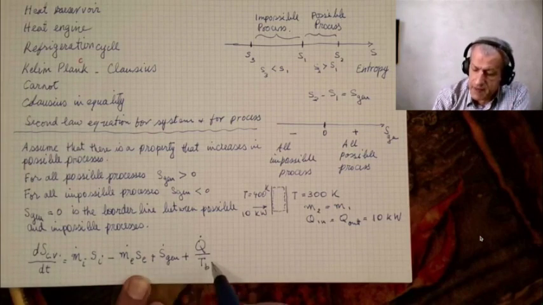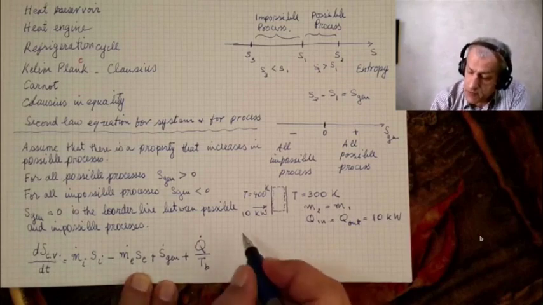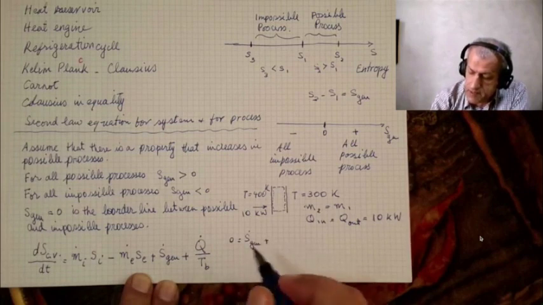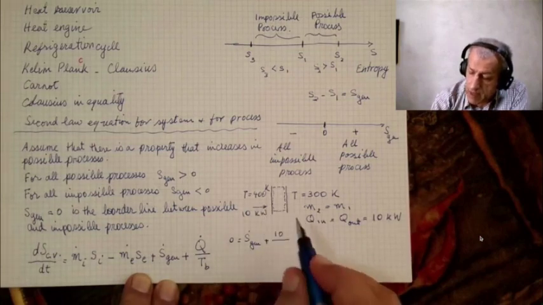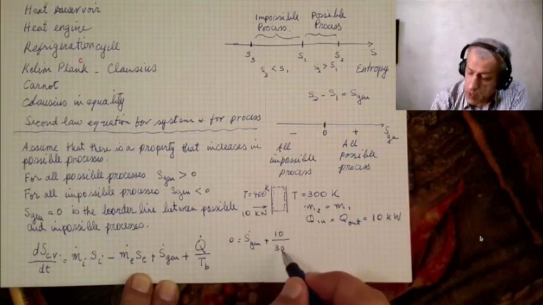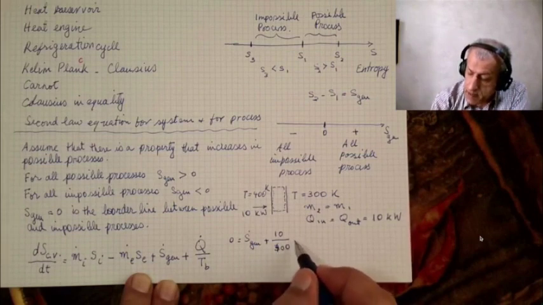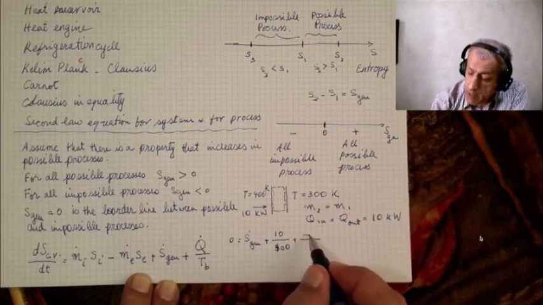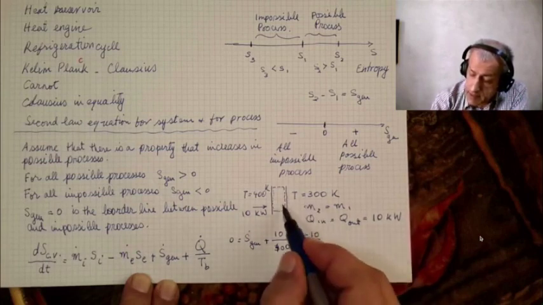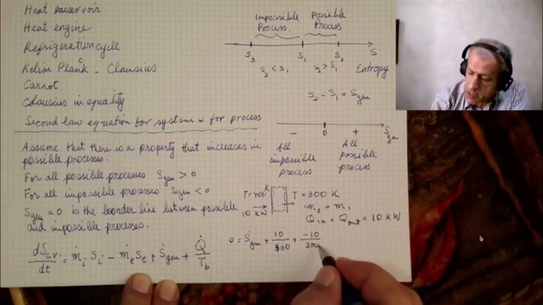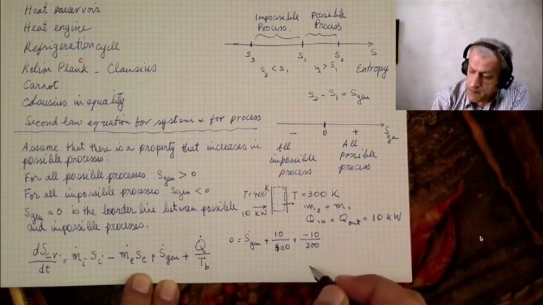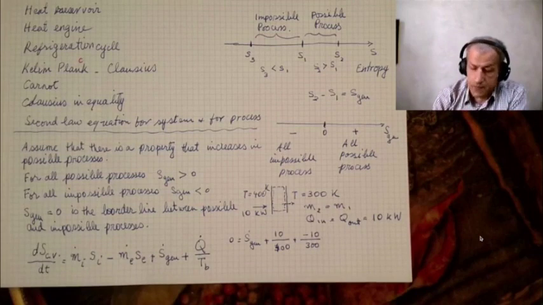Therefore, this term is 0, equals S dot gen plus Q dot, which is 10 kilowatts, divided by the boundary temperature of 400 kelvins, plus minus 10, because heat is going out from the other side, divided by 300 kelvins.